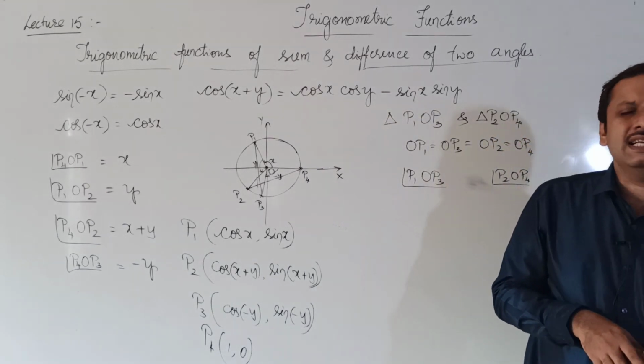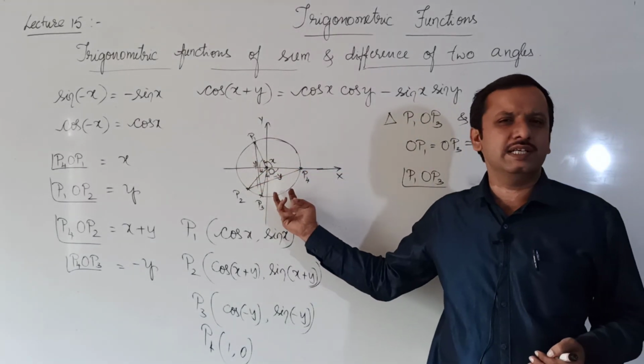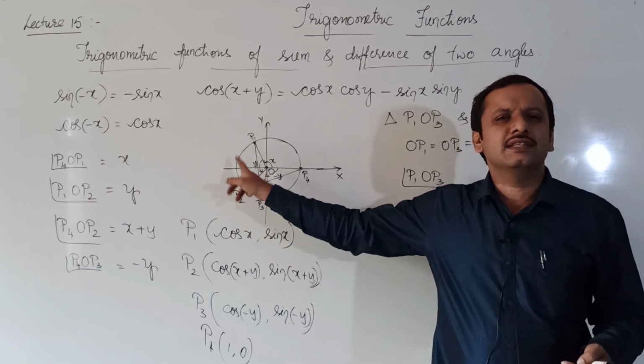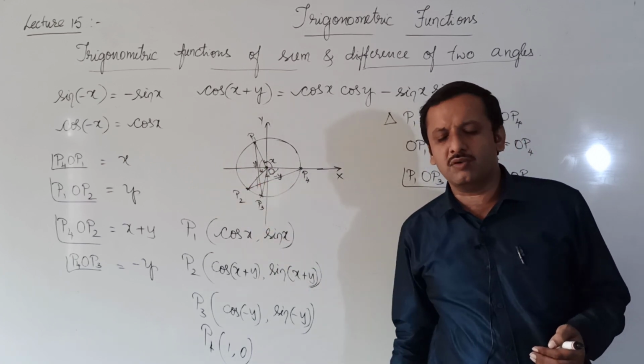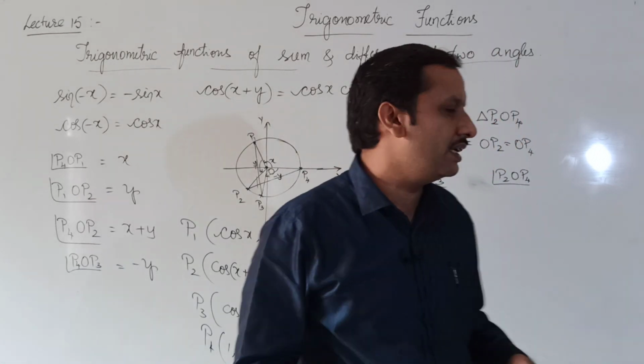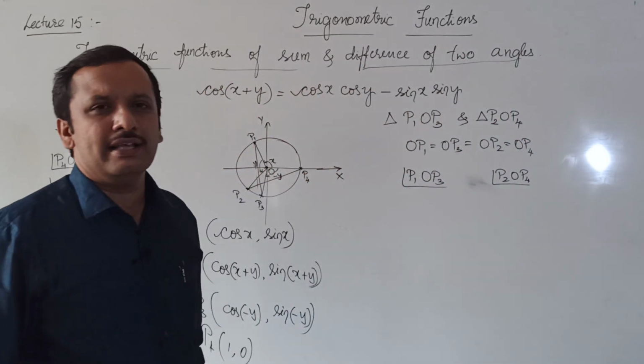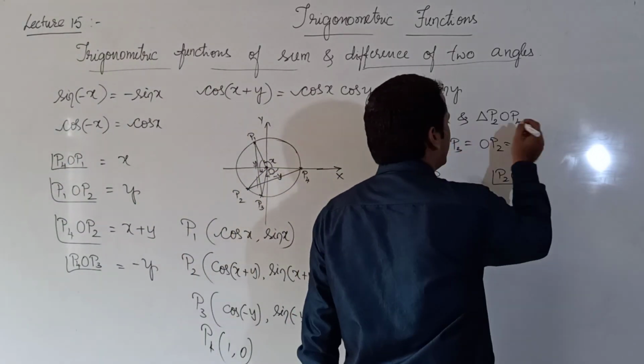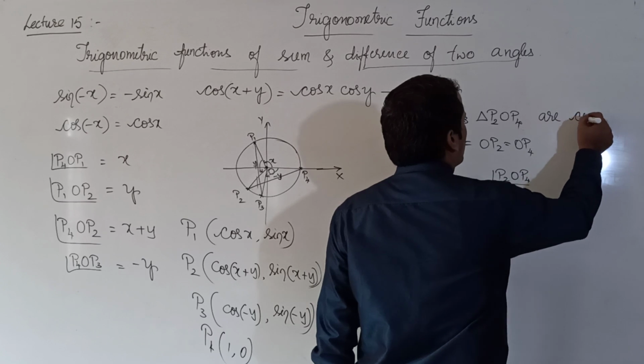Two sides of this triangle are equal to two sides of that triangle, so the third side must also be equal to the third side of that triangle. Hence I can say that these two triangles are congruent.